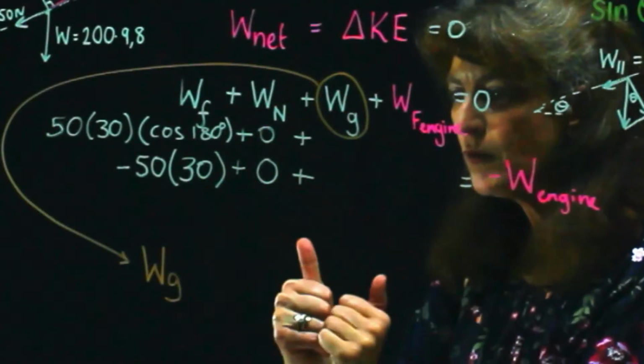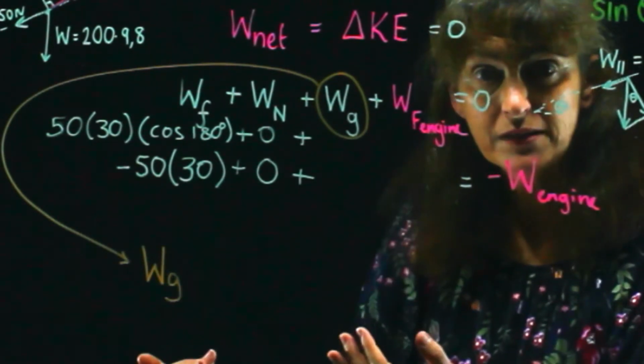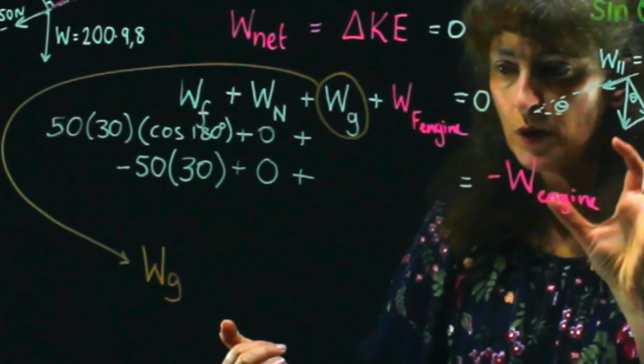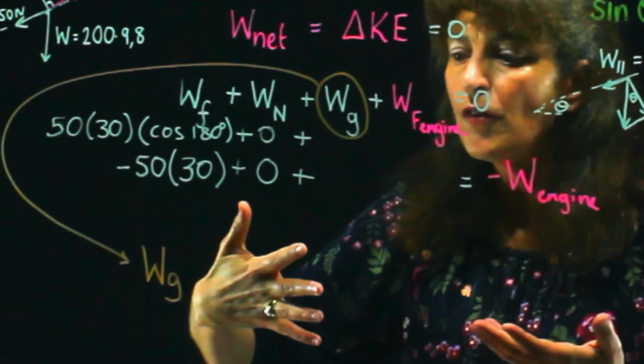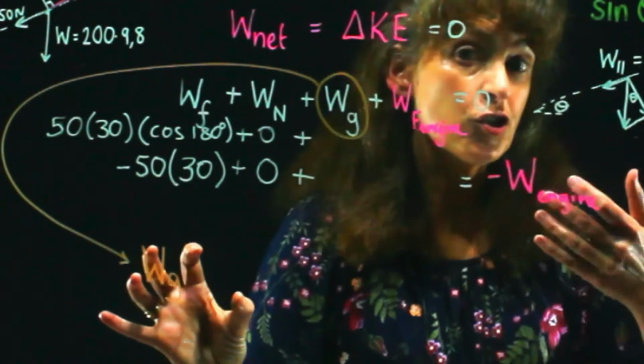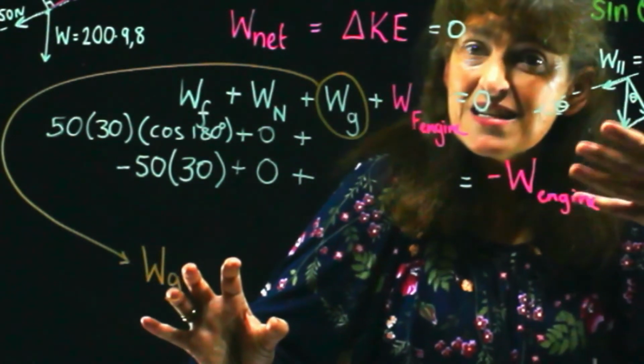Right, so now how do we find out what the value is of the work done by gravity? There are 2 ways in which we are going to do it. The first way, we are going to focus on the fact that weight is a conservative force, meaning it is path independent.